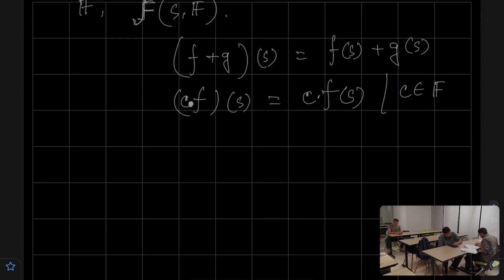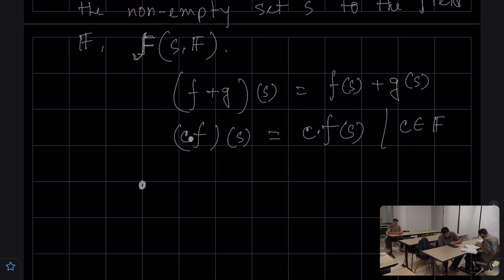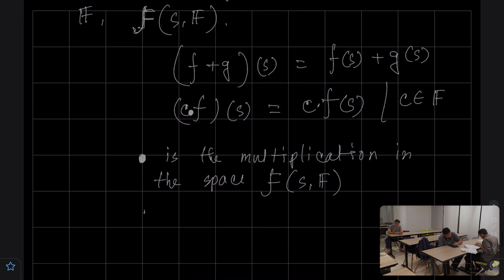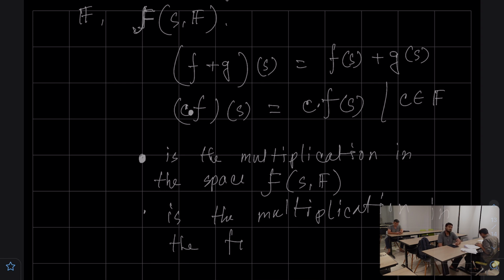So what Sir is saying is, this dot is the multiplication in the space, and this dot is the multiplication in the field.